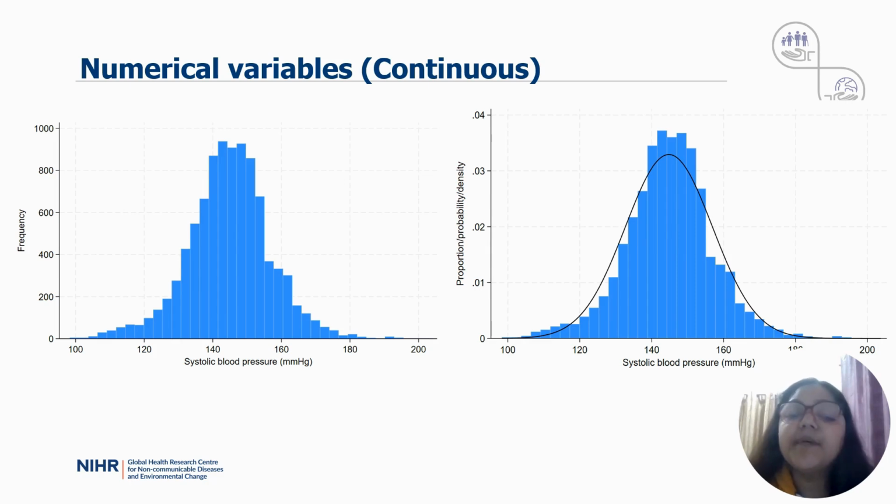For continuous numerical variables, say for example, blood pressure as the dependent variable or the outcome variable of interest, we would have represented them as a histogram, which is a frequency distribution of a continuous variable.